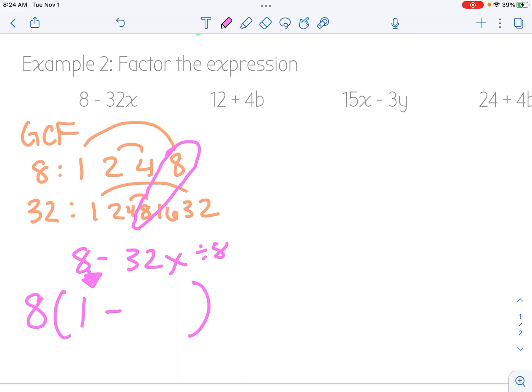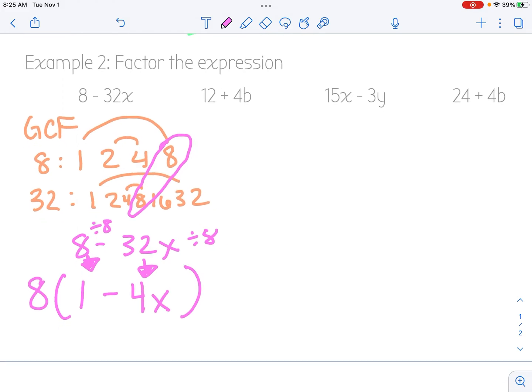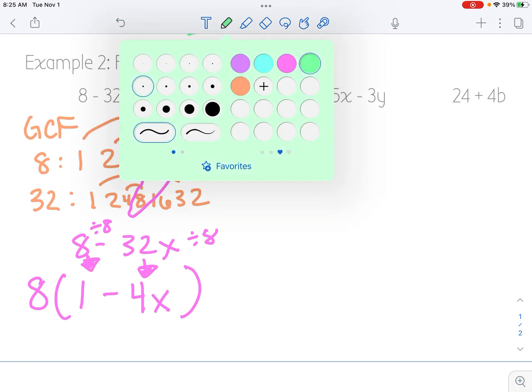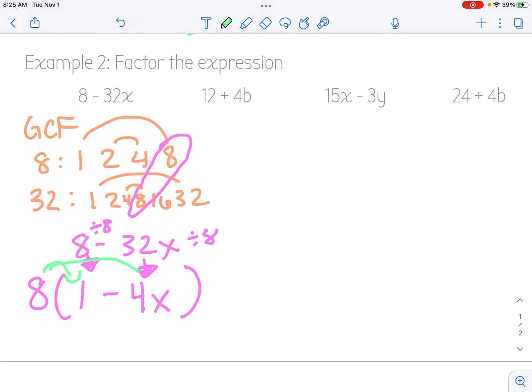I'm going to draw my divided by 8 just so you remember what we did here. And 32 divided by 8. What is 32 divided by 8? That is 4, and I always want to make sure I keep that x. So my final factored expression is 8 times 1 minus 4x. And you can always, if you want to, check your work by doing the distributive property, because when you do, you should get your same answer.